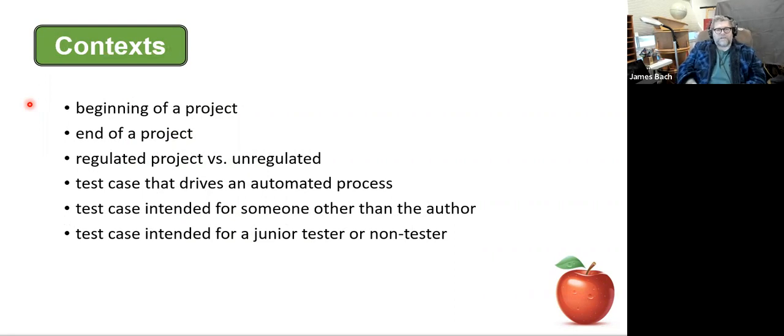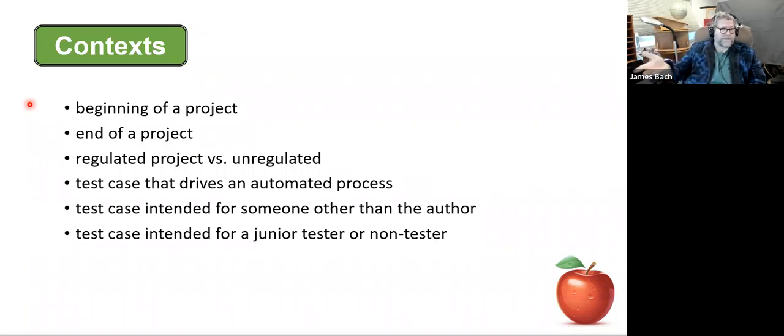RST encourages us to think about various kinds of contexts, such as the beginning, the end, regulated versus unregulated, test cases that might be in the context of an automated process, and narrative test procedures in this particular situation, intended for someone else other than the author to follow.